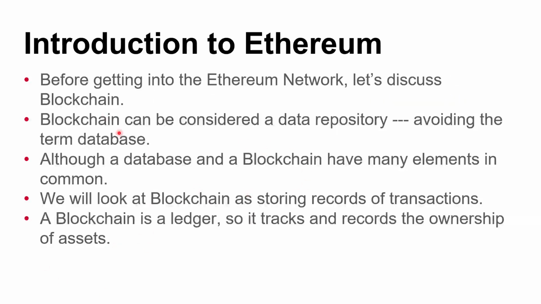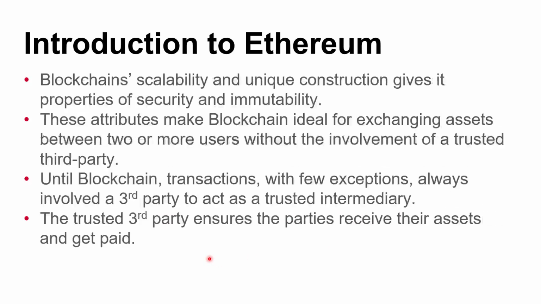Before getting to Ethereum, let's just quickly review the basics of blockchain. Blockchain is a ledger, and it tracks ownerships of assets. Blockchains are scalable, and their construction is unique and provides security and immutability. Until blockchain, transactions, with few exceptions, required a third party to act as a trusted intermediary. And that trusted party needs to get paid.